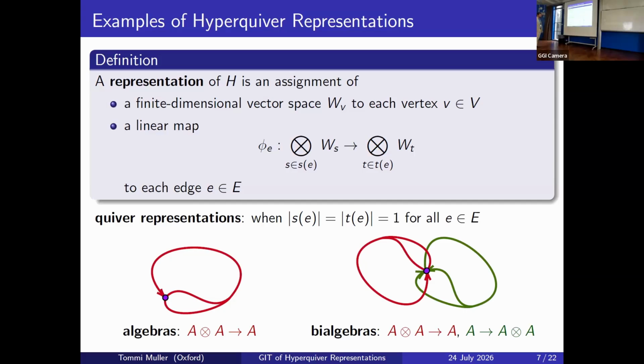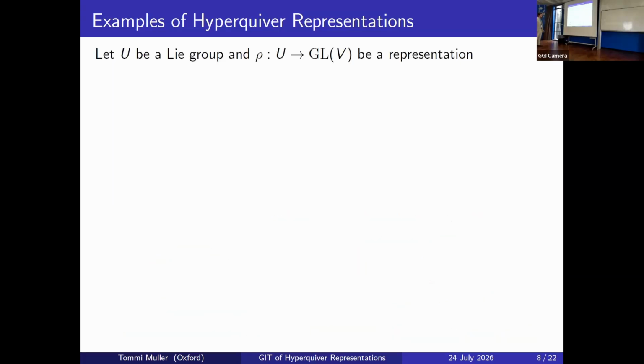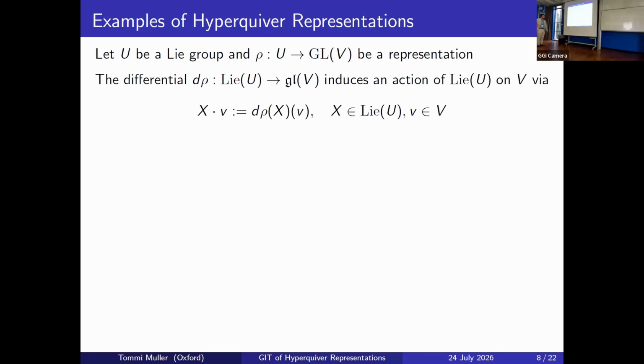So these are examples. Another example is if U is a Lie group and rho is a representation of U, then the differential from the Lie algebra of U to GL(V) induces an action of the Lie algebra on the representation, given by the differential.